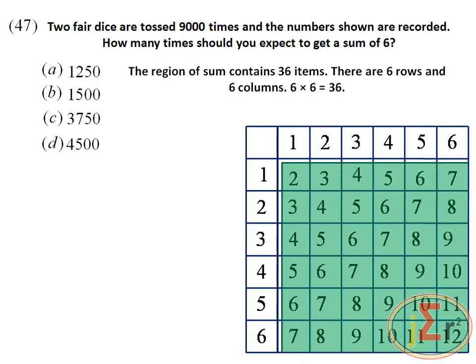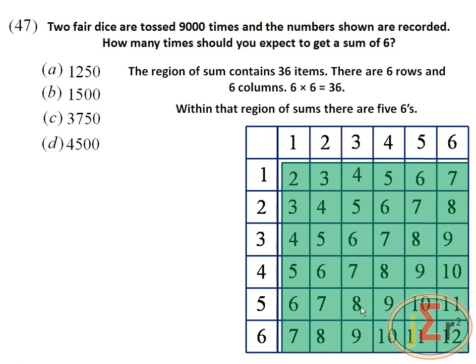The region of sums contains 36 items. There are 6 rows and 6 columns, and of course, if it is 6 by 6, 6 multiplied by 6 is equal to 36.